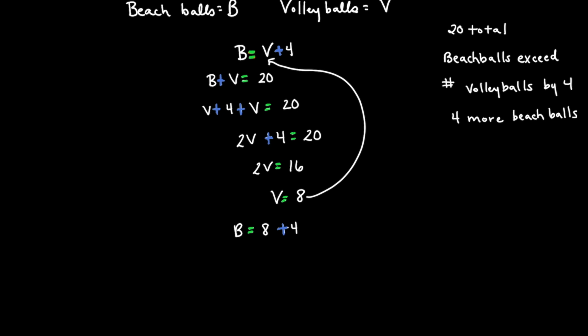And so B, which stands for the number of beach balls, is going to give us 12. So we have 4 more beach balls than volleyballs because 12 is 4 more than 8. And that is correct.